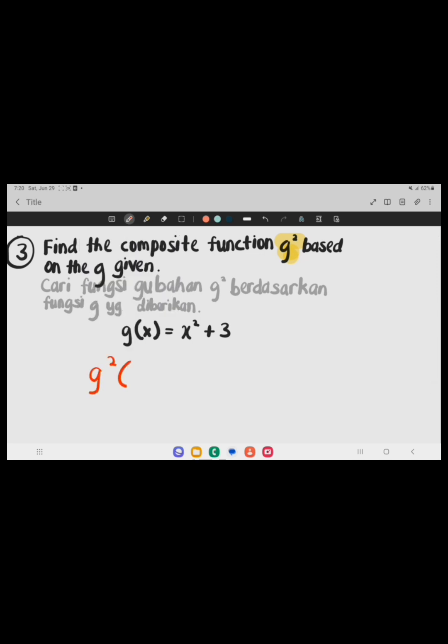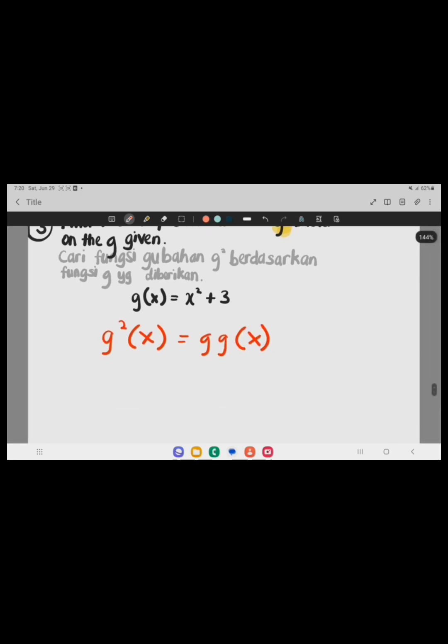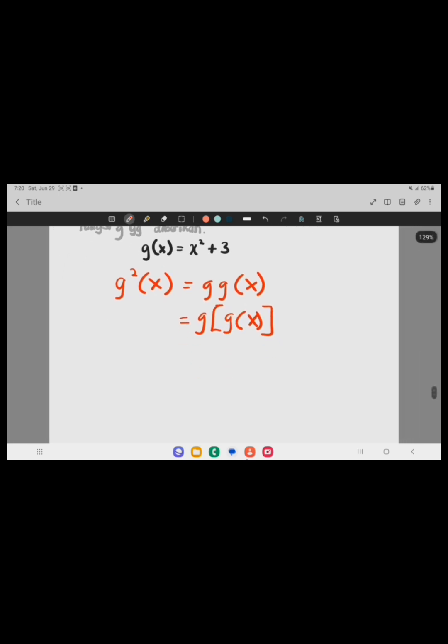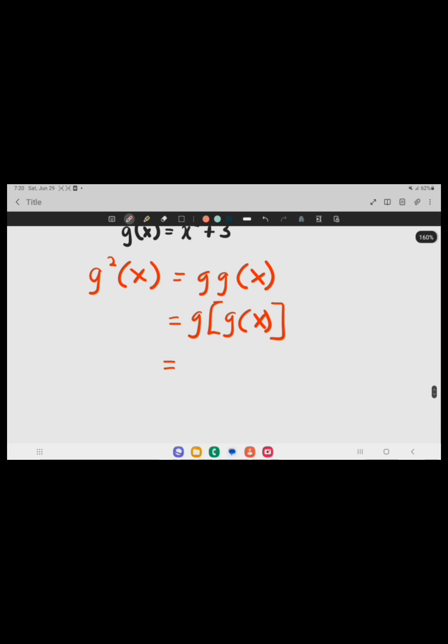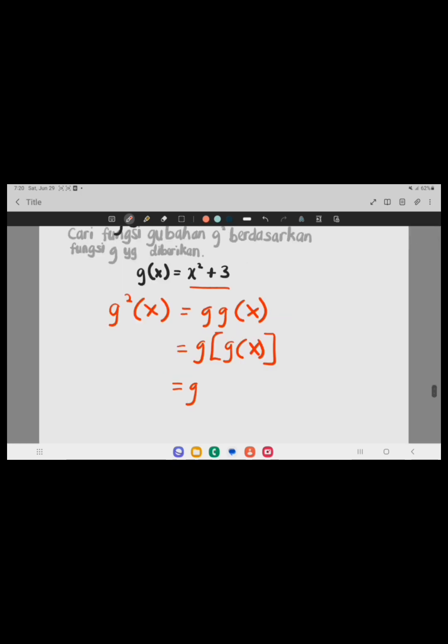So g squared(x), this is what you want to find. g squared means there are two g. So the first step is splitting. Just split them by putting a bracket in between g and g, and then just substitute the function, which is g(x). The function is x squared plus 3, right?